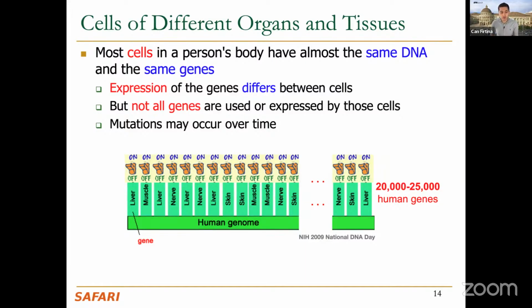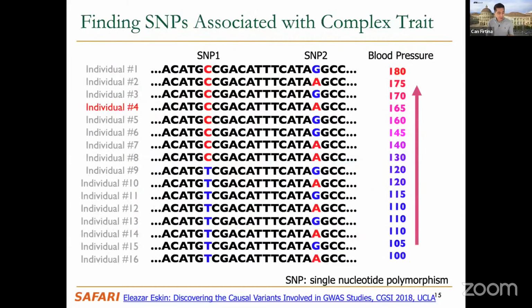But of course, we also want to understand the mutations in the DNA, because a mutation can also activate a gene or deactivate a gene, regardless of whether it was, let's say, turned off or turned on. And one way of doing this is, for example, we find single nucleotide polymorphisms, or SNPs, which are essentially, just as the name suggests, single changes in your DNA at a particular position.